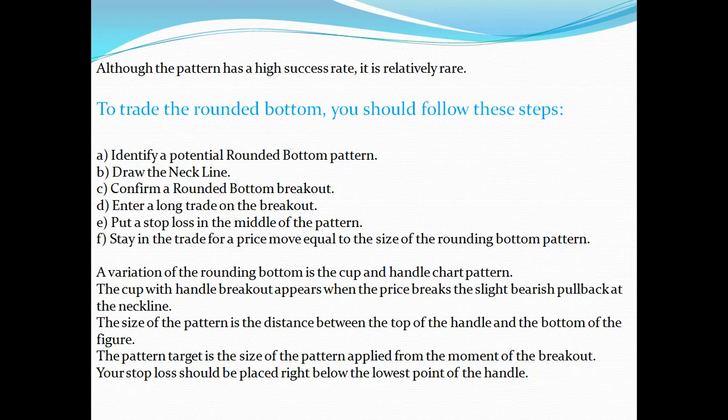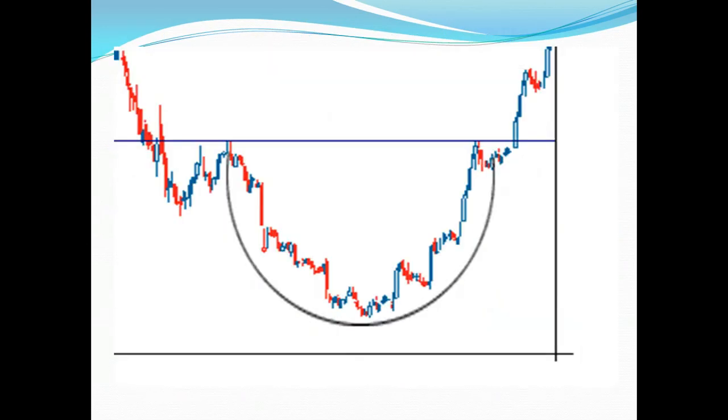The pattern target is the size of the pattern applied from the moment of breakout. Your stop loss should be placed right below the lowest point of the handle. So do not worry, I will let you know about cup with handle.